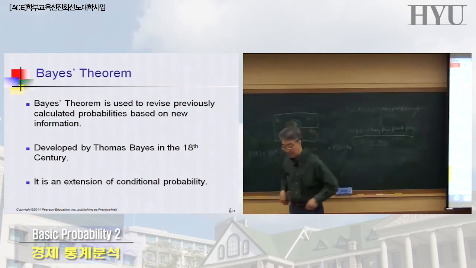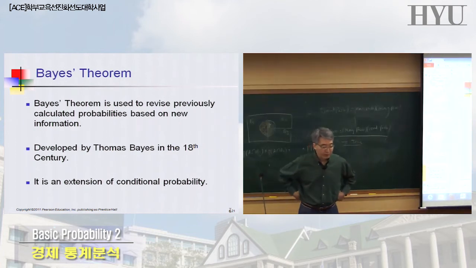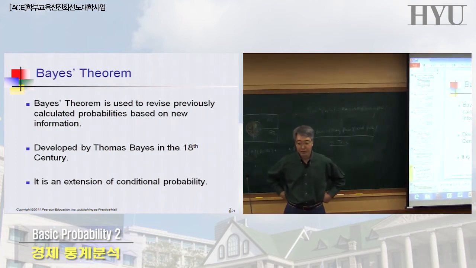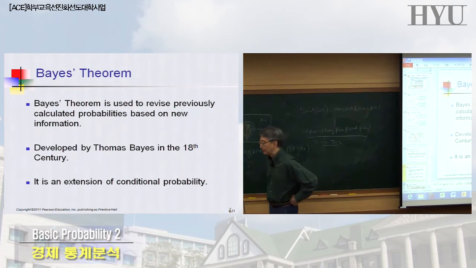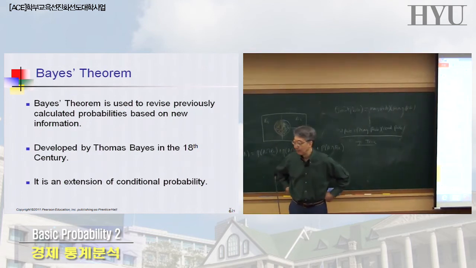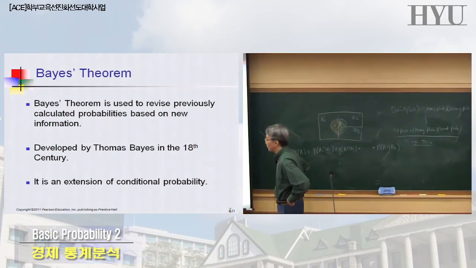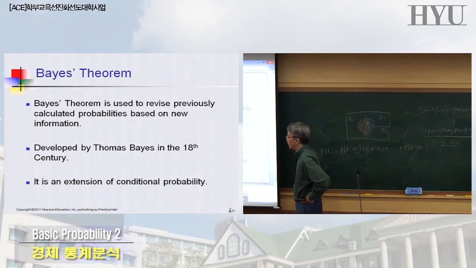Bayes' theorem is our final destination in this chapter. Everything we talked about so far was in order to lay the foundation for Bayes' theorem, which is a very simple idea. You don't have to be scared. The idea of Bayes' theorem is to revise previously calculated probabilities based on new information.